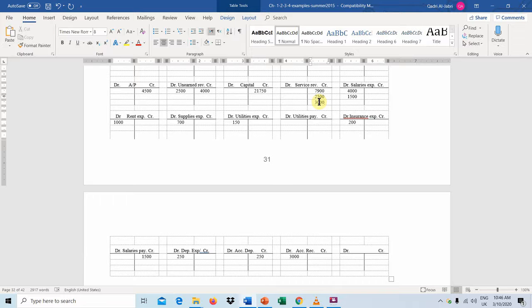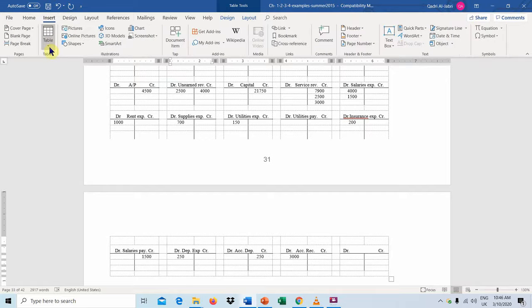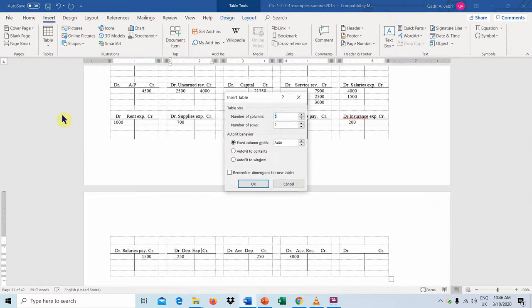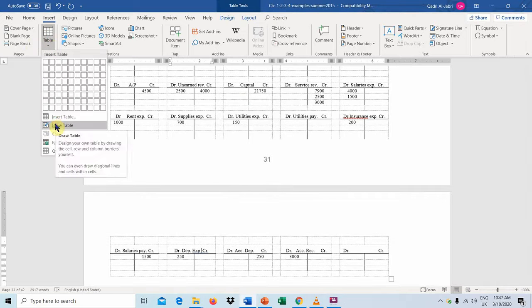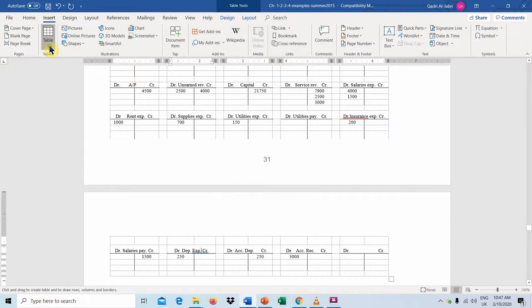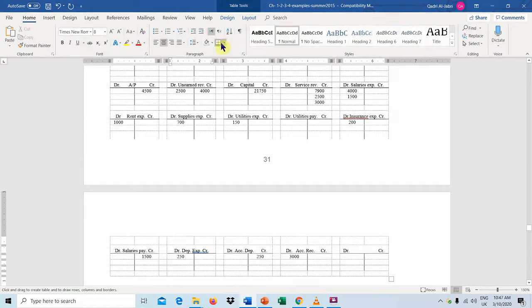Okay, now I will try to find the balance for these accounts. Any account that has one balance, one amount, this will be its balance. So now, these are the balances with regard to supplies. I will find its balance.